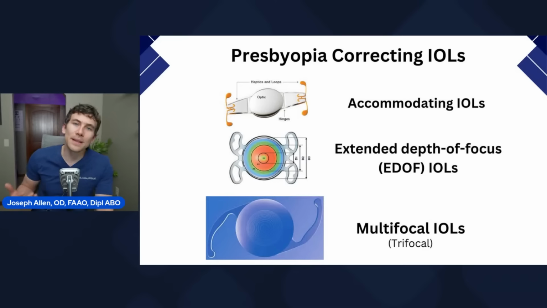So the implants for cataract surgery are now trying to solve for this so that people don't have to rely as heavily on things like reading glasses or glasses, period. These are a couple of the options we're going to review: the accommodating IOLs, extended depth of focus IOLs, and then multifocal or trifocal IOLs.